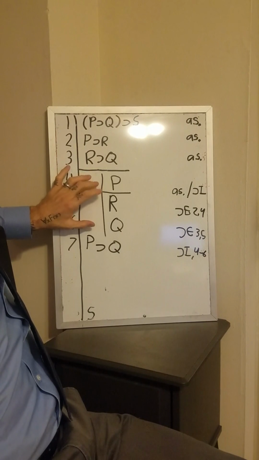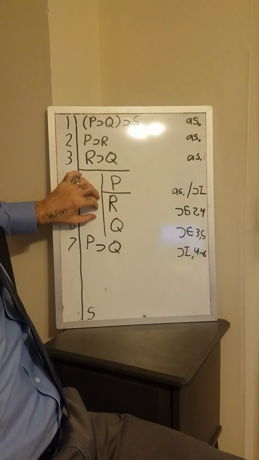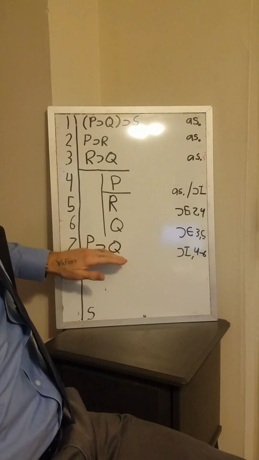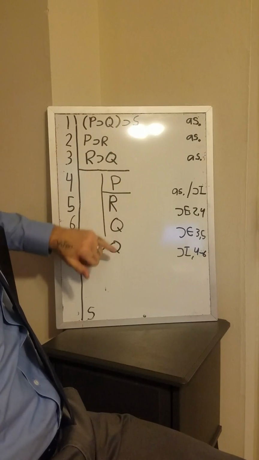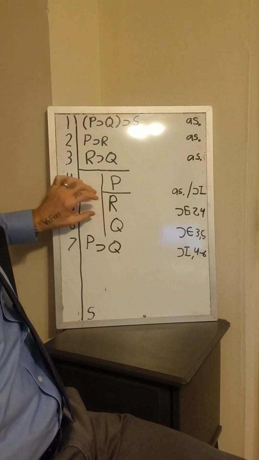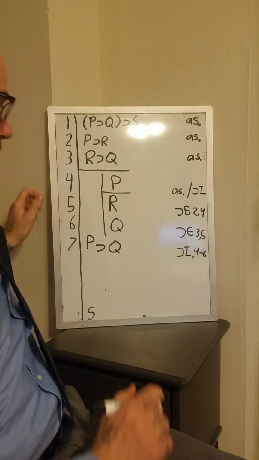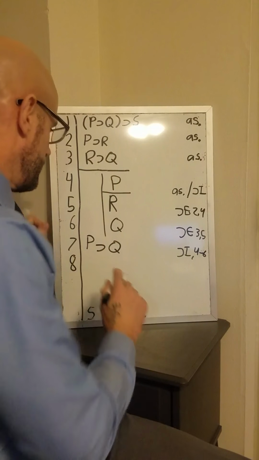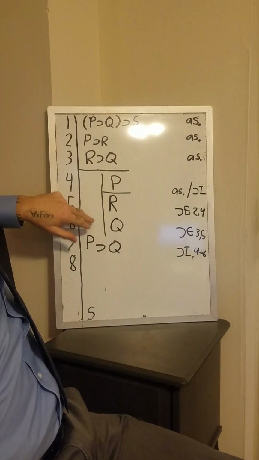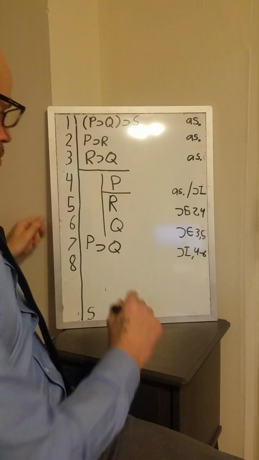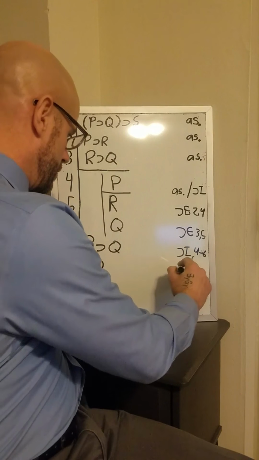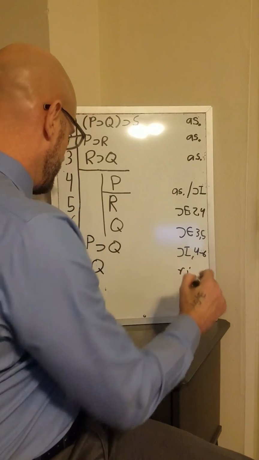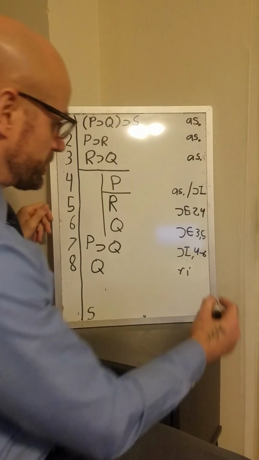Remember, this is effectively a black box now that we've stepped out of it. We've seen what comes in, and we've seen what comes out, and there's no going back in here. For example, we couldn't write Q here by reiteration from line 6.